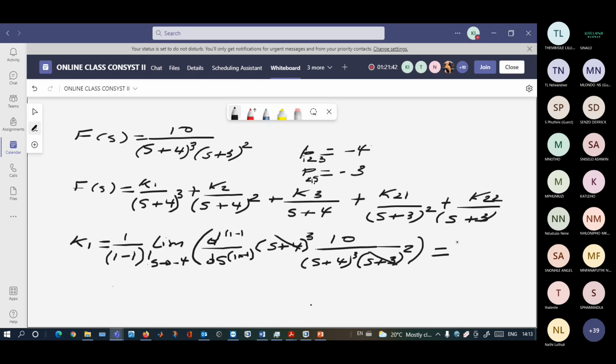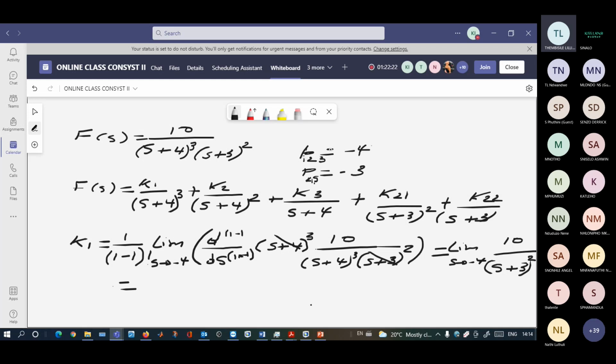So here we're going to have the limit of s approaching minus 4. This one is going to have 10 over (s plus 3) squared. Sorry sir, why did you cancel (s plus 4) cubed into (s plus 3)?